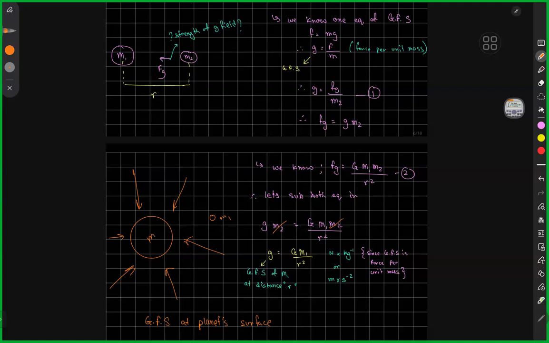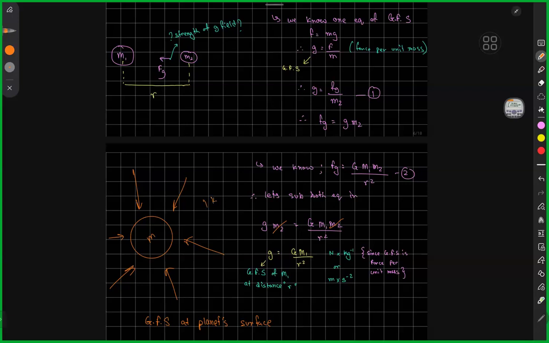Now, what I want to understand is for any piece of mass, if I bring it near the object, what is the force on this object at this position, this position, this position, and this position till infinity? But I want to understand that amount of force with respect to 1 kg of mass.